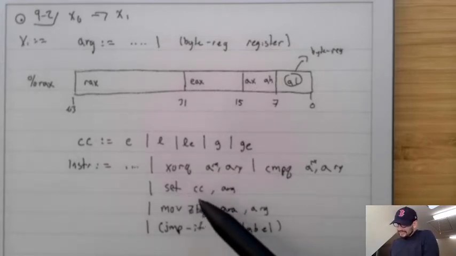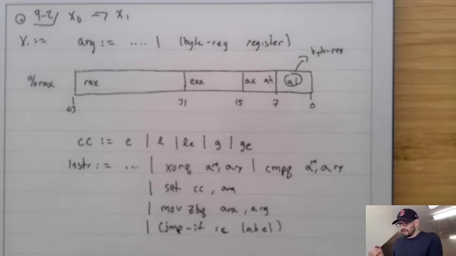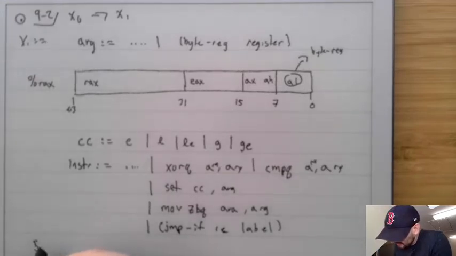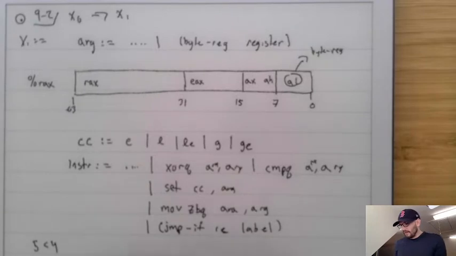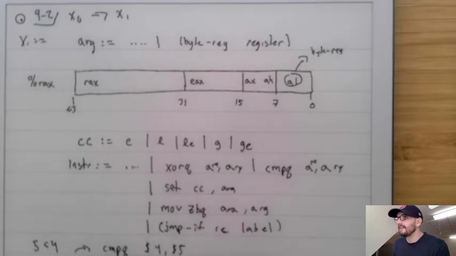So set CC would allow us to actually compare a particular thing. So for instance, suppose that we wanted to do 5 less than 4, that would compile to a compare Q of 4, 5, and then a set L of AL.